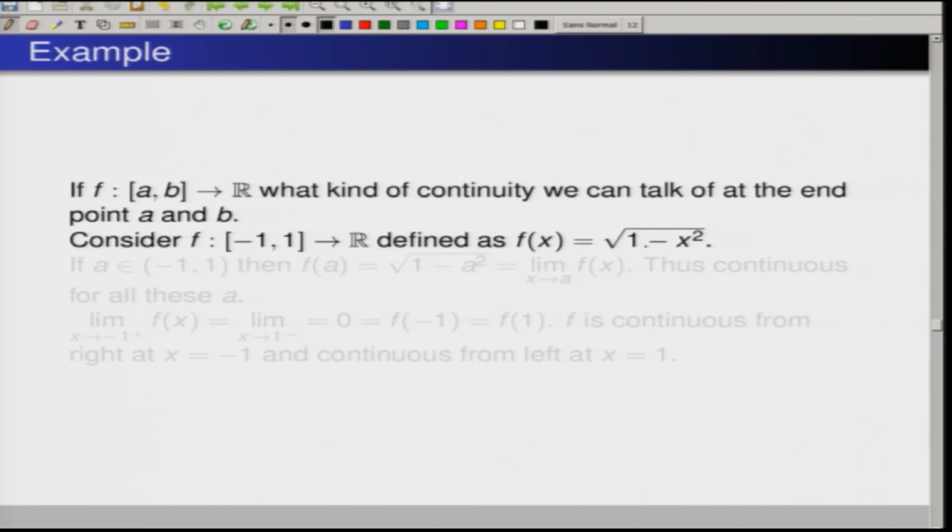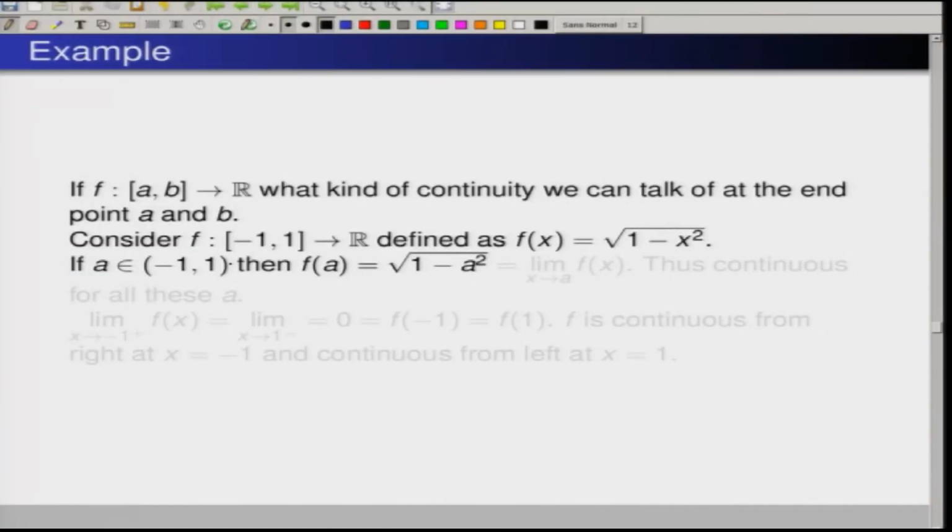Therefore, the square root is not defined. So, f is not defined outside 1. Similarly, if x is less than minus 1, then x square is going to be greater than 1. Therefore, this quantity is going to be a negative number. We cannot define the square root.